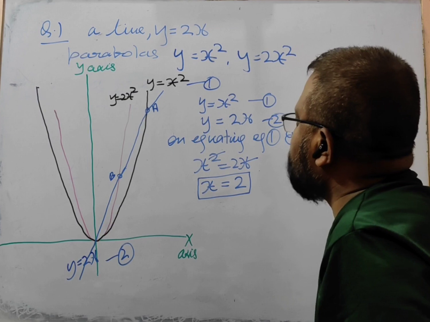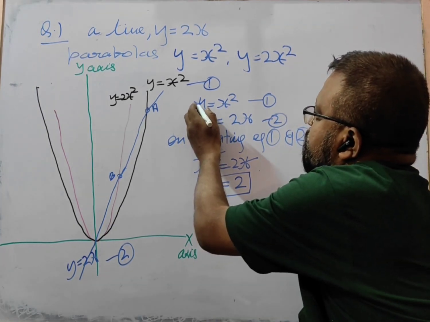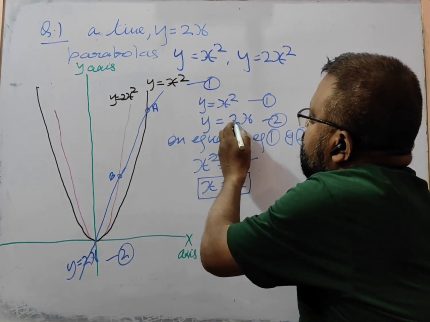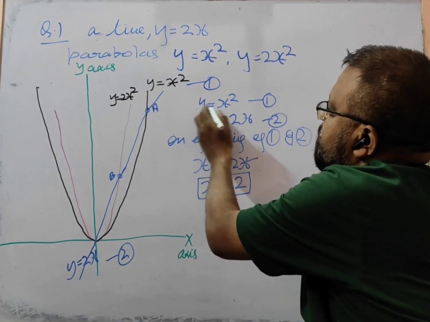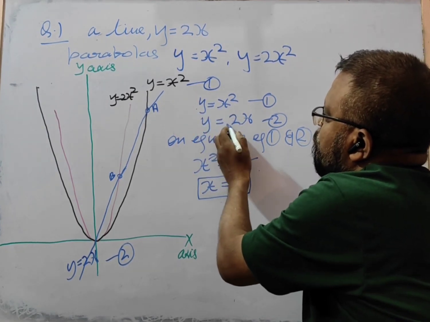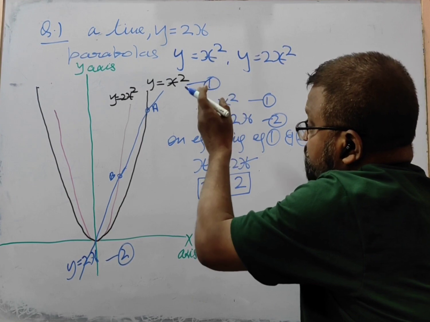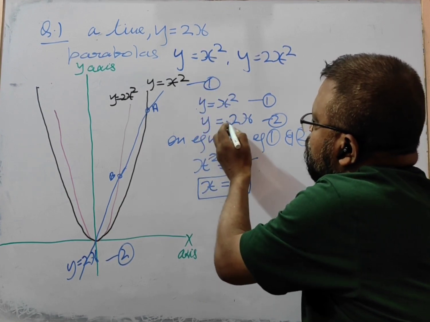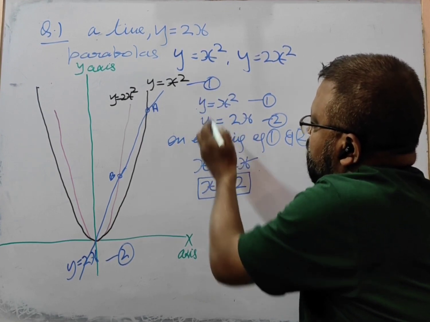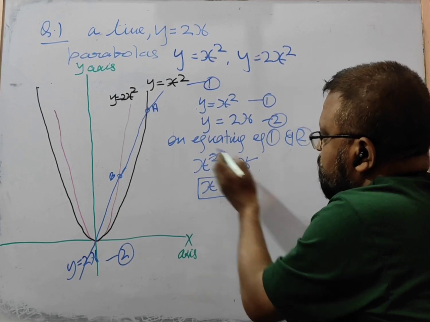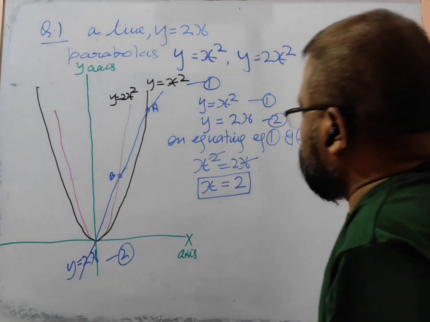Substituting in place of y, we write 2x, because y is equal to x square and y is equal to 2x. So x square is equal to 2x, so x is equal to 2.